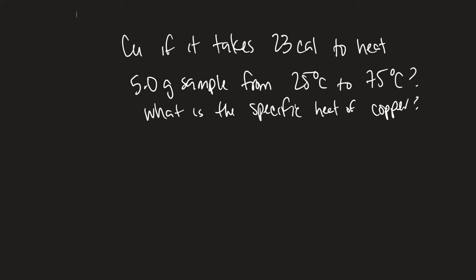Let's use the same equation: Q equals M times C times delta T. I'm going to highlight and see what I have. I have 23 calories, that's my energy. I have 5.0 grams, that's my mass.